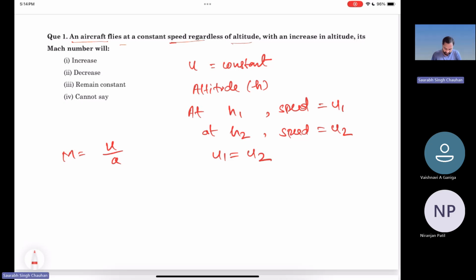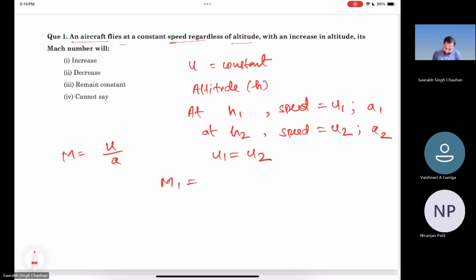So speed of sound also changes with the altitude, right? Because the medium is basically air, and properties of air change as the altitude changes. So at altitude h1, let us say speed of sound is a1, and at h2 it is a2.